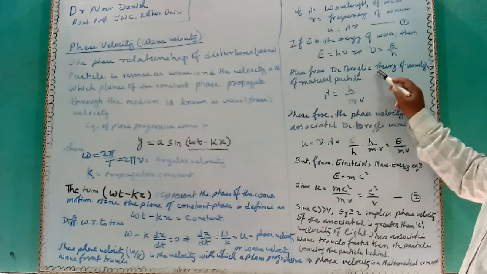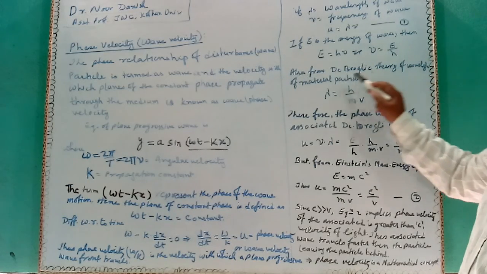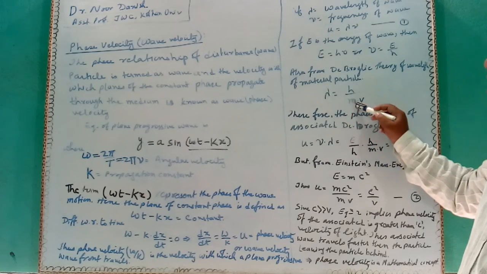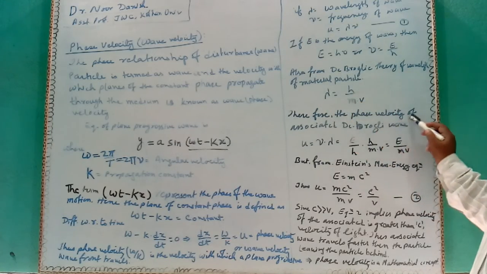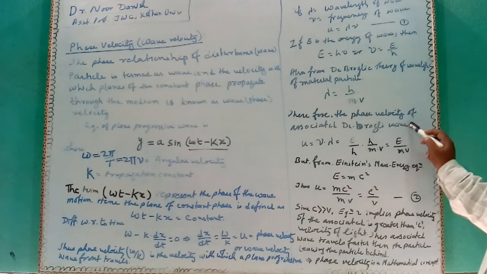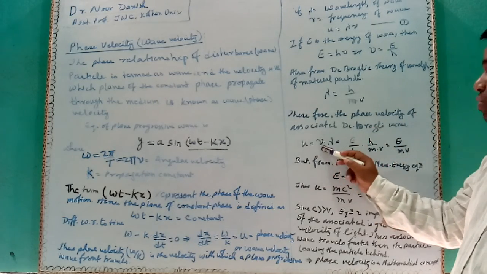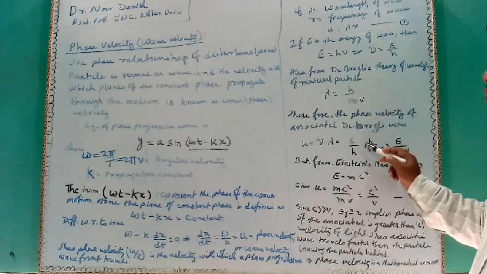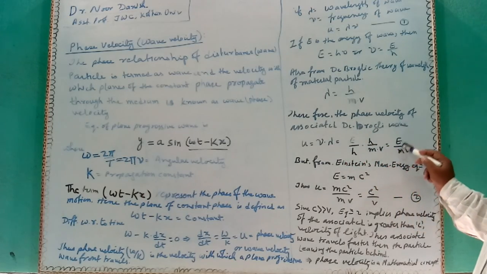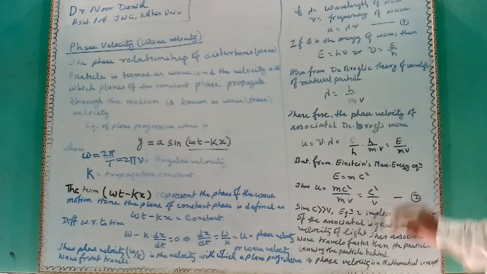Also from the de Broglie hypothesis, the theory of wave nature, λ = h/mv. Therefore, the phase velocity of the associated de Broglie wave will be u = νλ = (E/h)(h/mv) = E/mv.